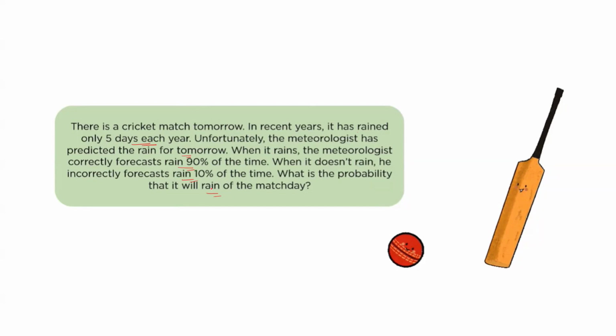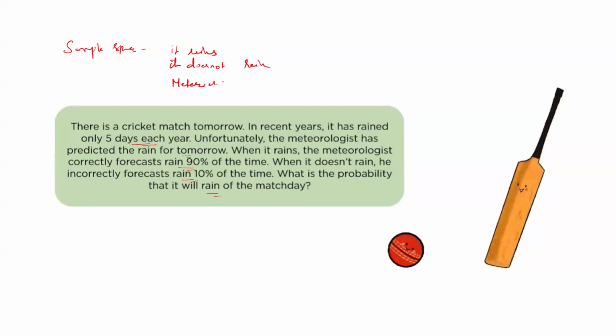Here we know that the sample space is defined by two mutually exclusive events: one is it rains, the other is it does not rain. Additionally, a third event occurs, that the meteorologist predicts rain.